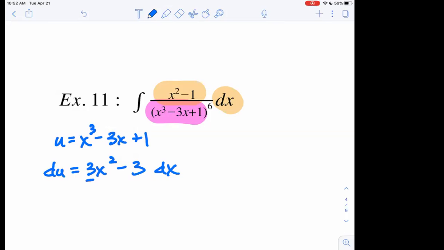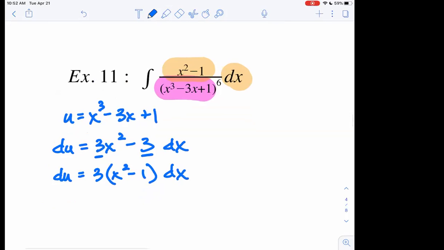We're going to take the fact that 3 is the greatest common factor, factor out that 3, and then divide by that 3. This is super nice because now I have my x squared minus 1 dx, and everywhere I see that, I can put 1/3 du.